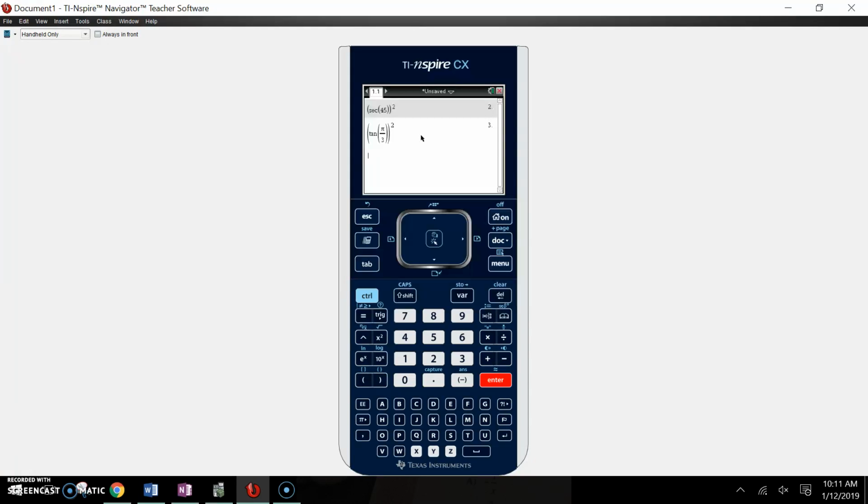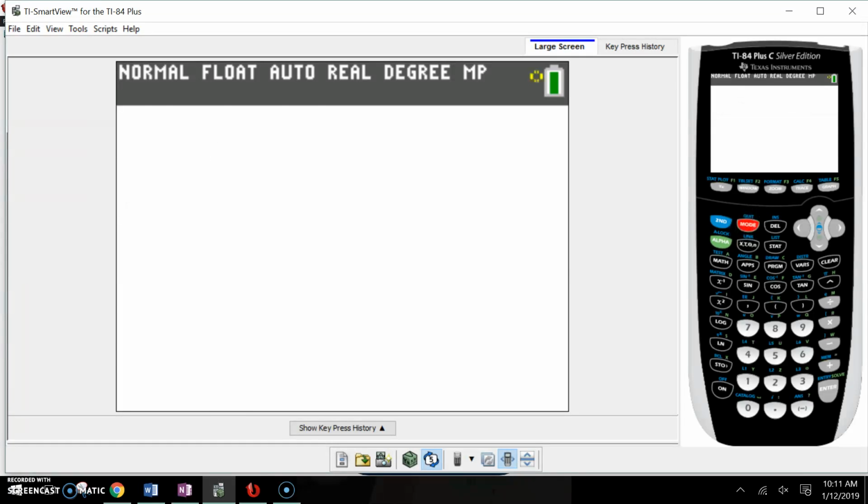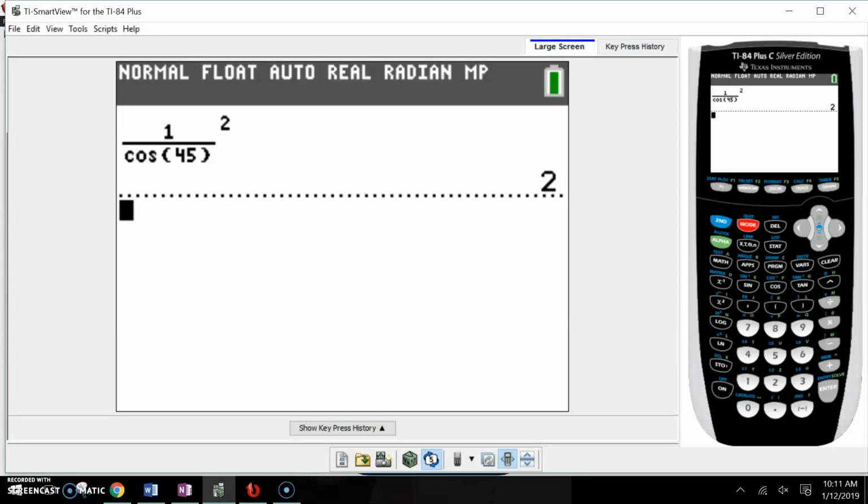Now let's go ahead and do it on the 84. I first have to change degree into radian. So you press the mode button, which is next to the blue second key, and you go down to the third entry, which says radian. You hit enter to put the black box around radian. You quit out of there with second mode, and then from our screen, we're just in parentheses.